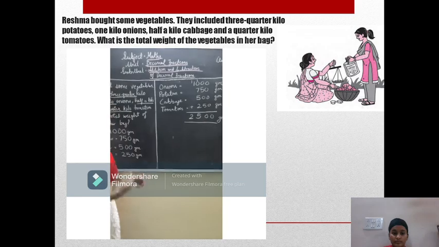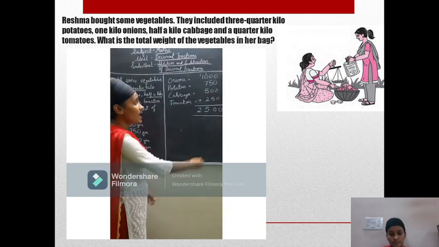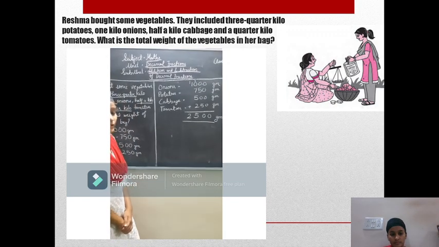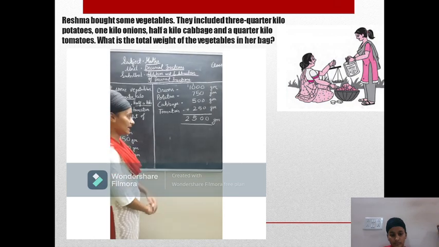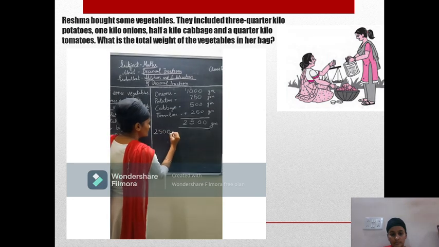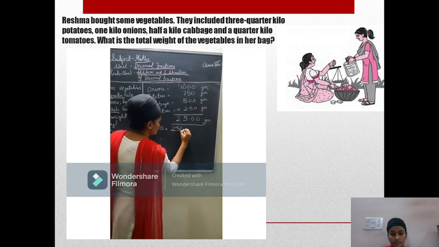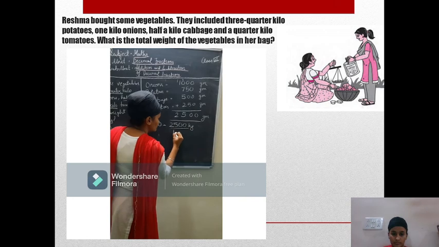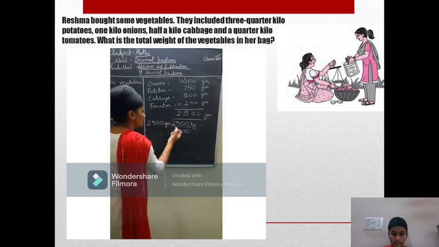Now you have to convert it into kilograms. Now think critically, students, and tell me, how will you convert 2500 grams into kilograms? Yes, very good. You will divide it by 1000. You can write this as grams here.